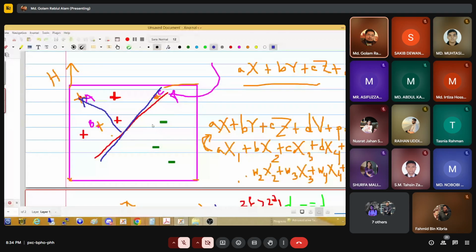And then we have to find the closest data points, and those are our support vectors.